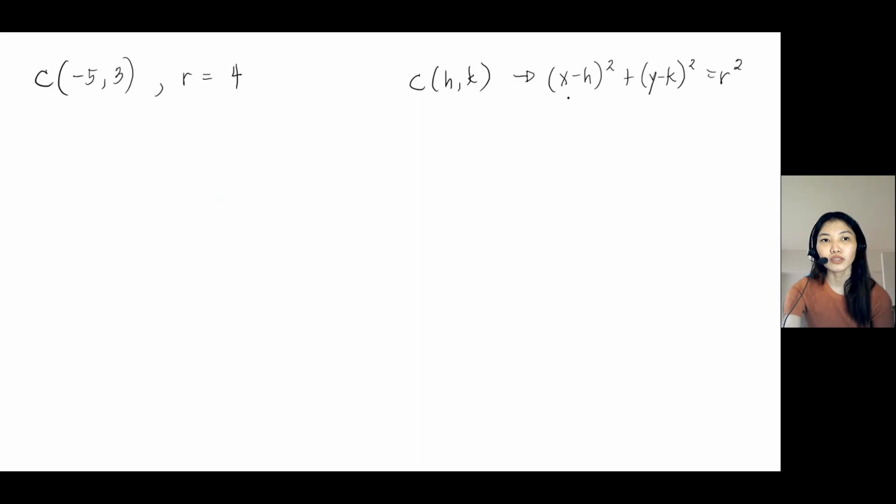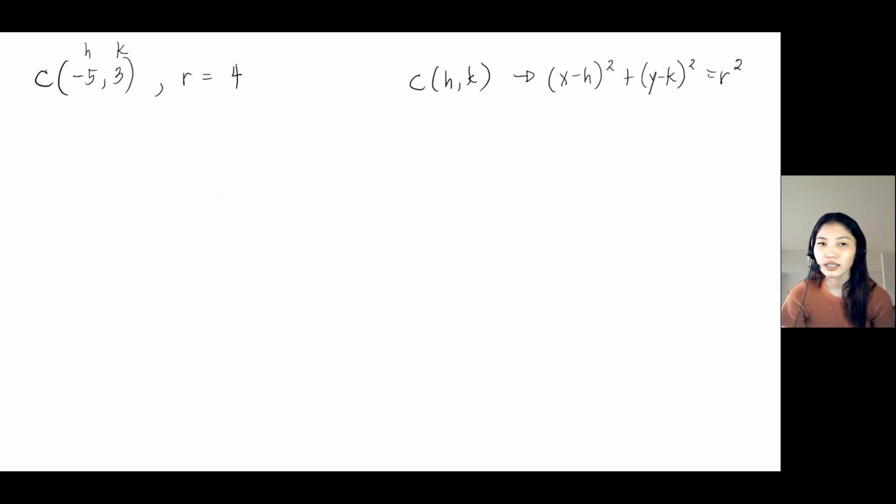Okay, so what we are going to do here is just to substitute the values of our h, k, and r. Okay, so this is our center. The value of our h is negative 5 and the value of our k is 3.